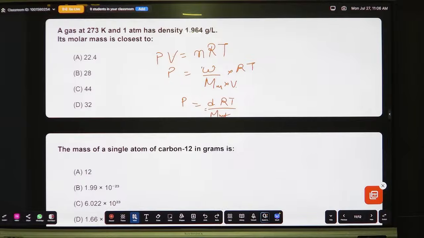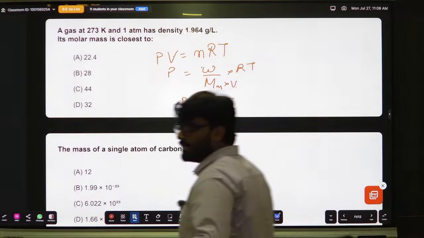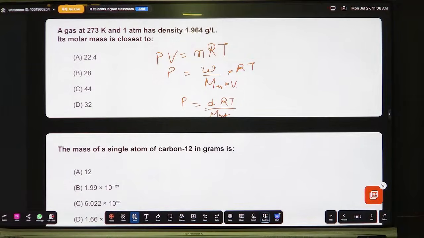I'm going to solve it anyway. So everyone got the answer now? Which method are you using? No, you should get around 44. How 22.4?